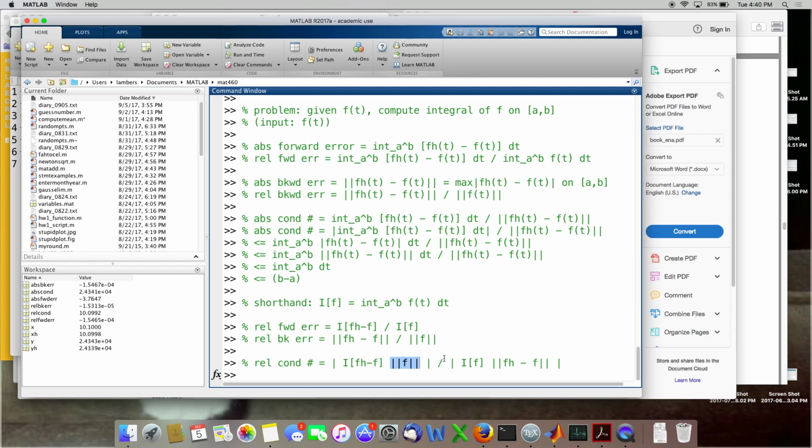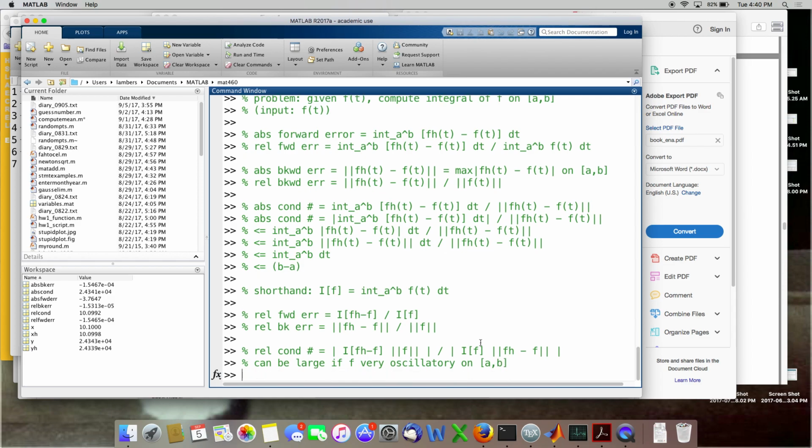And when can that happen? For example, it can be large if f is very oscillatory on ab. If a function is very oscillatory, it's going above and below the x-axis. So even if the function assumes large values, if the positive and negative areas cancel each other out, the integral of f can turn out to be very small, or maybe even near zero, and that can cause this to be large.